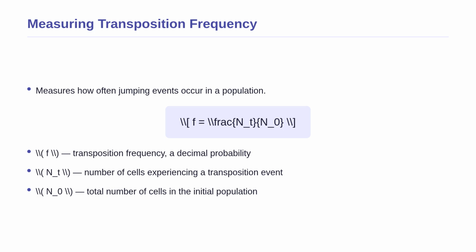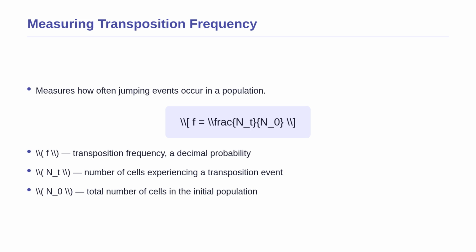To understand how fast this resistance can spread, scientists need to measure it. This brings us to the concept of transposition frequency. Conceptually, this formula calculates the probability of a single cell undergoing a genetic jump. The formula is F equals NT divided by N0.